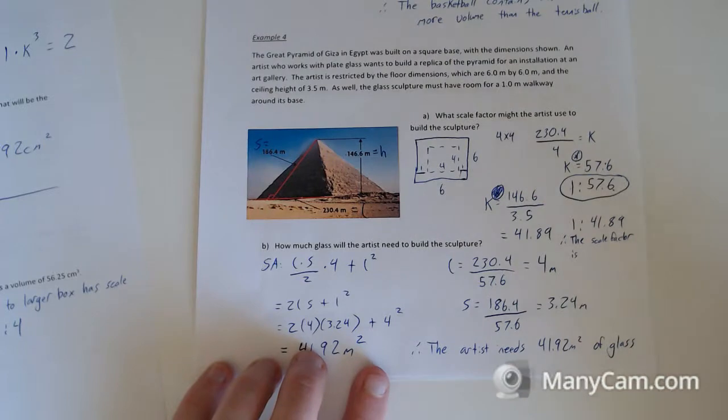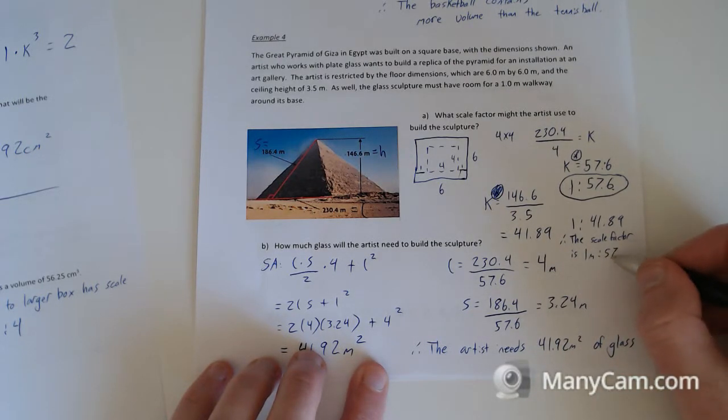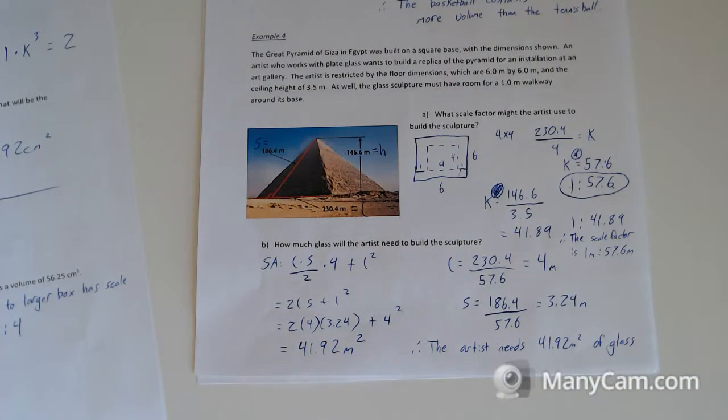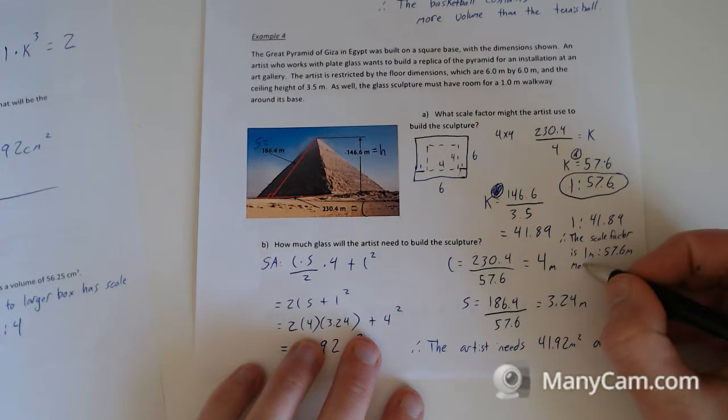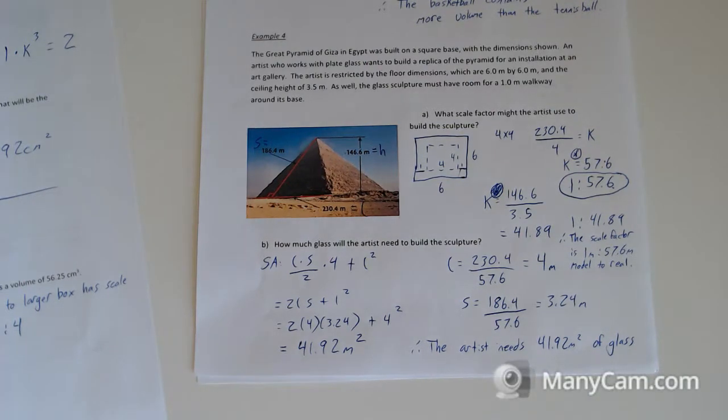It happened to be meters, so it ended up working out just fine for us. It's 1 meter to 57.6 meters. And I think context can kind of tell you which one's which. Or you could say model to real life. Model to real. Something like that is good.